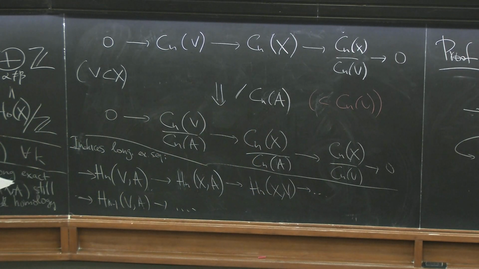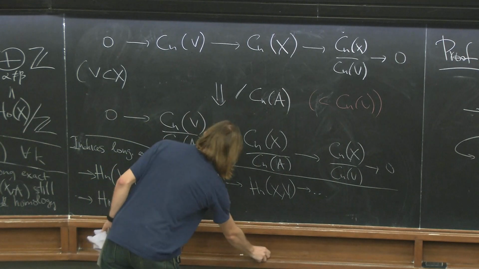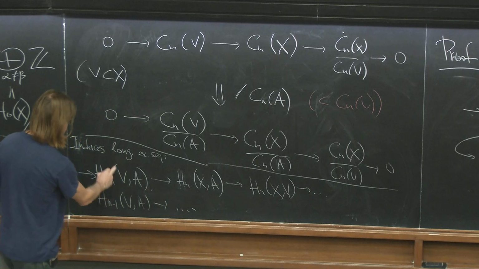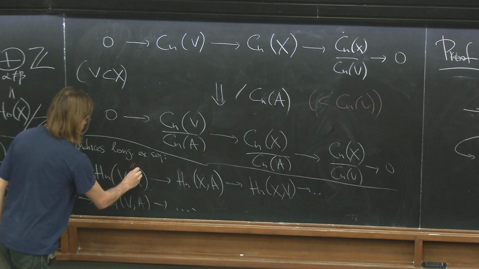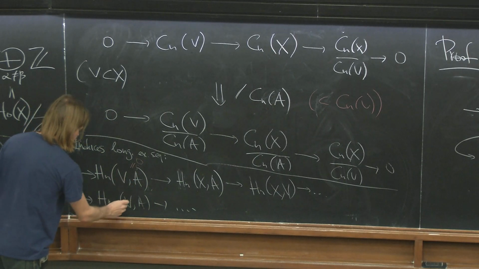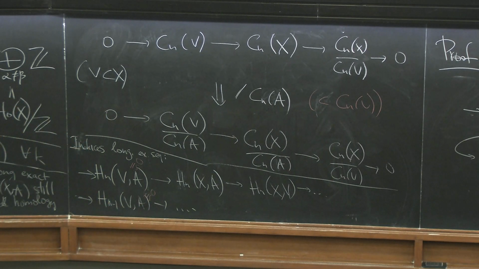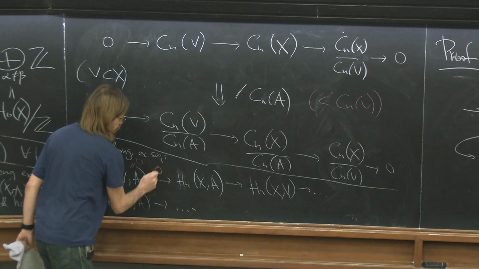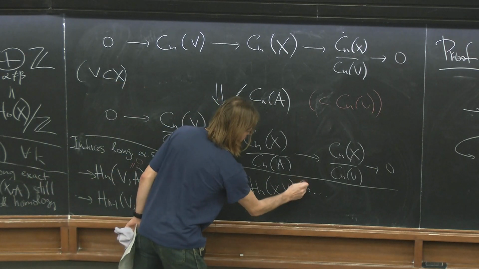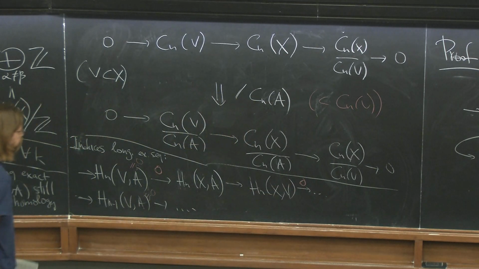Okay, and again, well, we already learned that these groups are trivial, right? From previous consideration, we learned that this is 0 and this is 0. So this means that this map is necessarily trivial and this map is necessarily trivial.